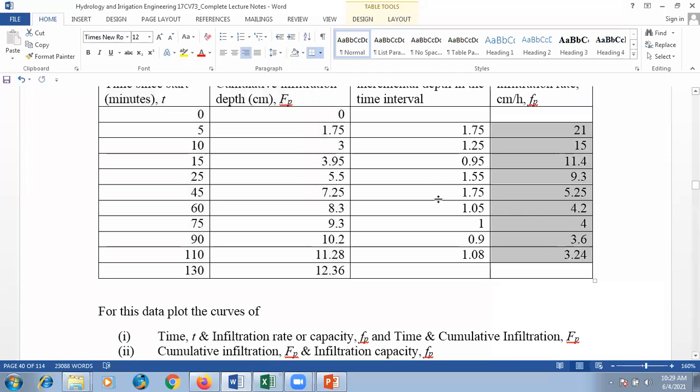Do you have any doubt in understanding this determination of infiltration rate? Any doubt? Please let me know. Any doubt with this? Some response necessary.